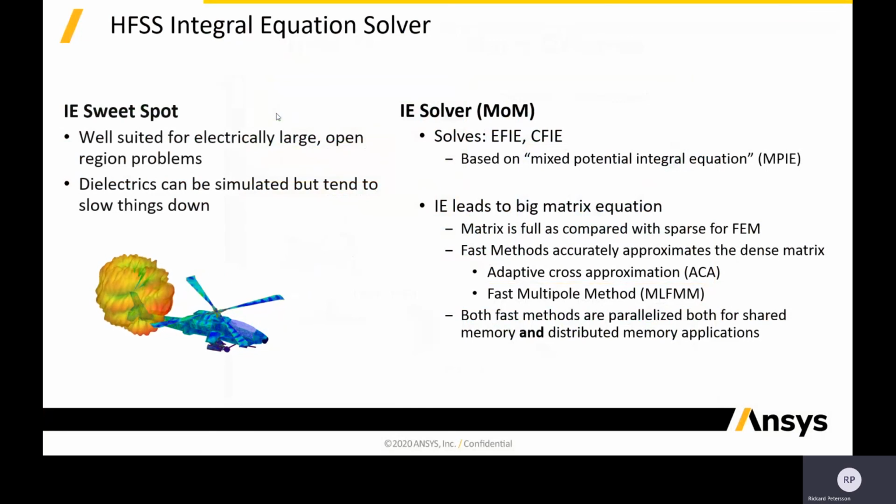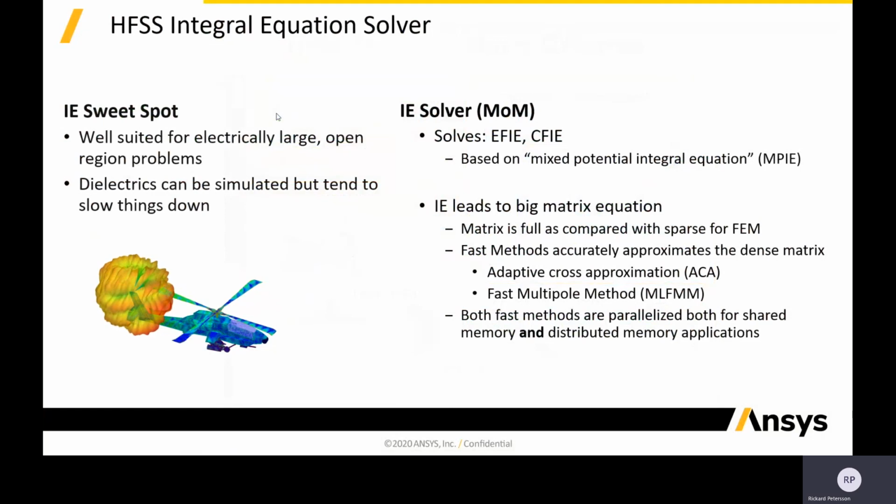These integral equations always lead to big matrices that are dense. So in FEM, as I mentioned before, they're sparse, and you can exploit that with a direct solver and iterative solver to efficiently solve those systems. But in this case, we have a dense matrix, and to make that efficient, we make an accurate approximation of this dense matrix, to the point where it's not practically any different compared to if you solve the full dense matrix.